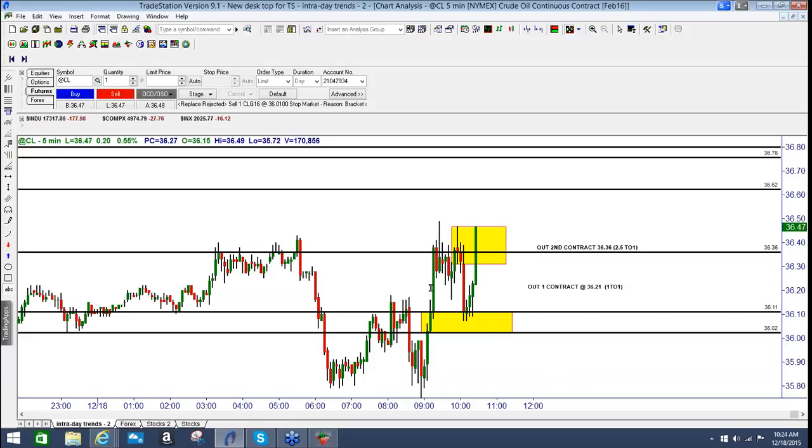And it's still going. Son of a bitch. Yeah, it was a really good trade.